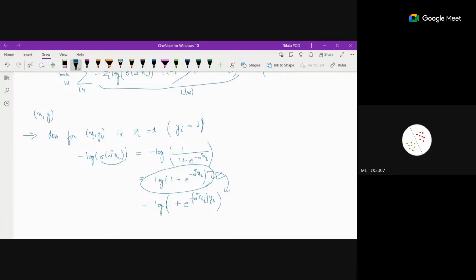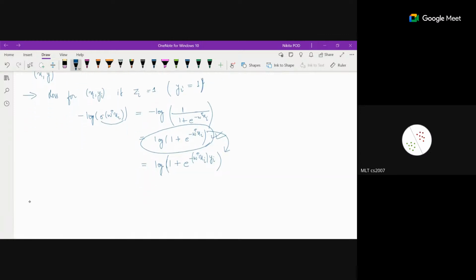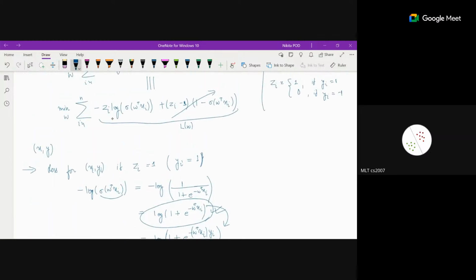Now what will happen if I take my zi to be 0? It means yi is equal to -1. If zi is 0, the first term goes away and we are left with the second term. There was a log term here, the log was missing.